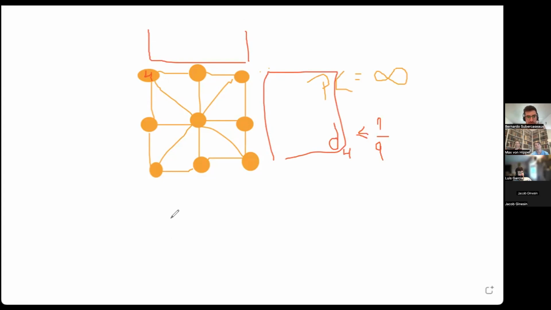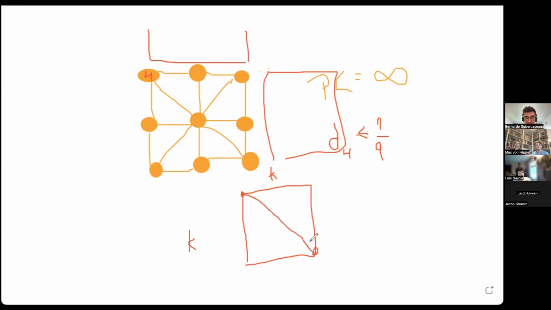So more in general, if you have color K, and you imagine that you split the infinite grid into square chunks of side K, so there are K edges on the side, then this guy here and this guy here are a distance K, right?